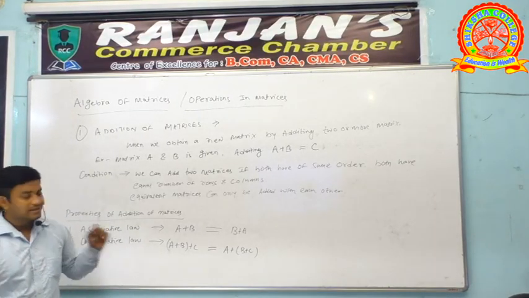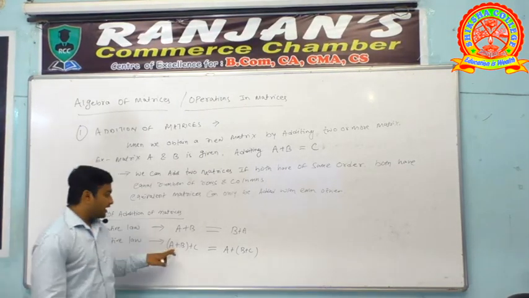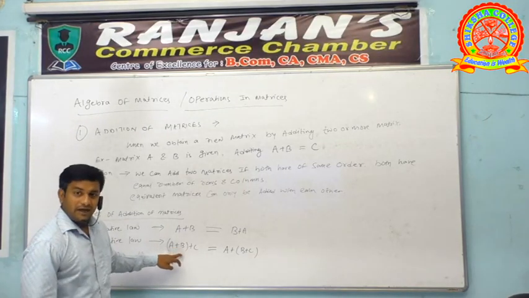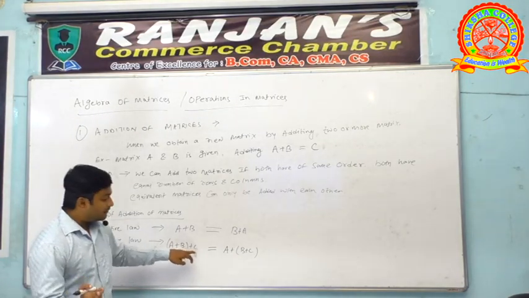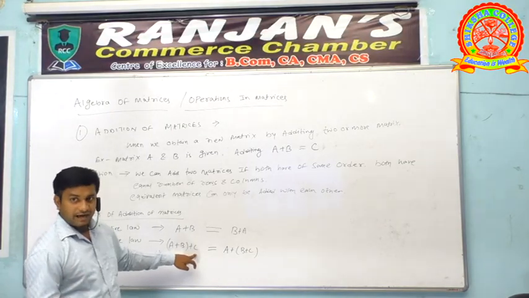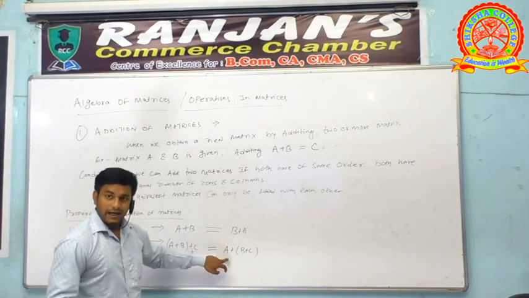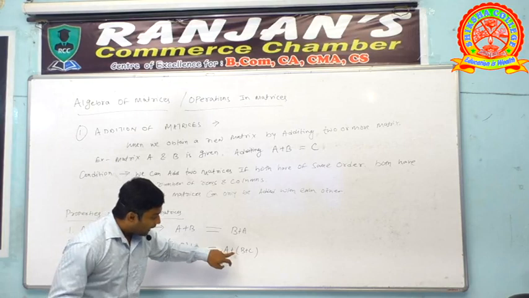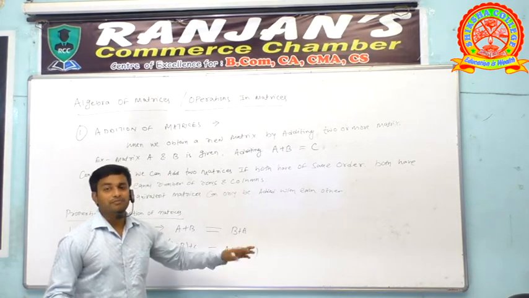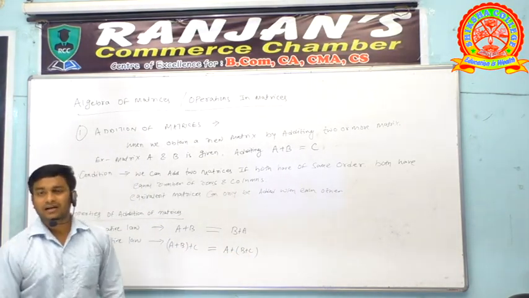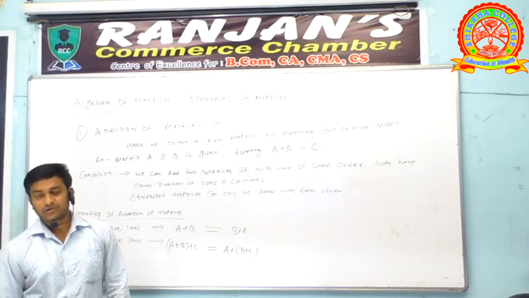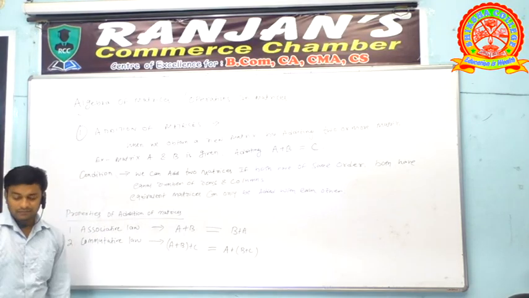First, A is added with B and the result is added with C. What we derive is equal to A added with the addition of B plus C. There is no significant difference. Okay, students? Clear?